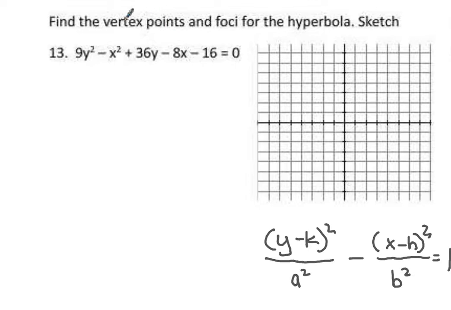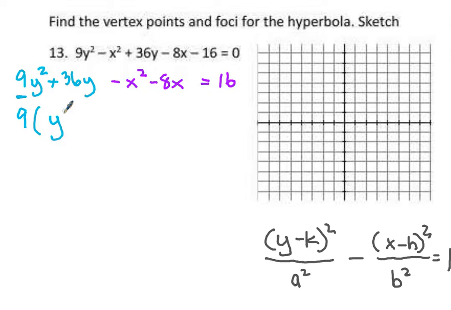So we're going to do this by completing the square. We get our y stuff together, 9y squared plus 36y, and we get our x stuff together, minus x squared minus 8x, and we move our number over to the other side. I notice there's a 9 in front of my y squared, and I don't really want to complete the square with that, so I factor out a 9 from both of my terms, and then I add my box.